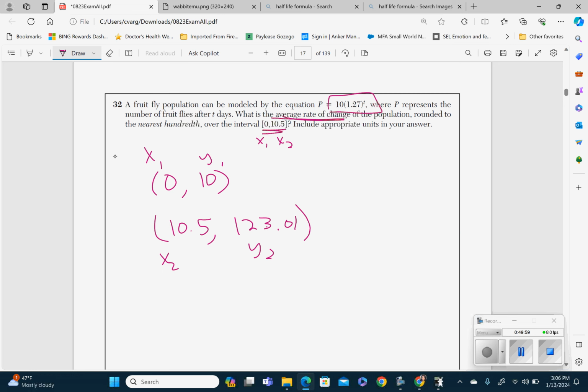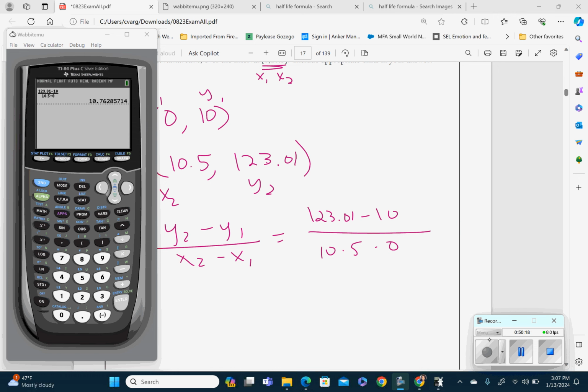And then you have your formula, y2 minus y1 over x2 minus x1. Okay, so y2, 123.01 minus y1 all over x2, 10.5 minus 0. Go straight into the calculator. Literally straight into the calculator, and I get about 10.76.